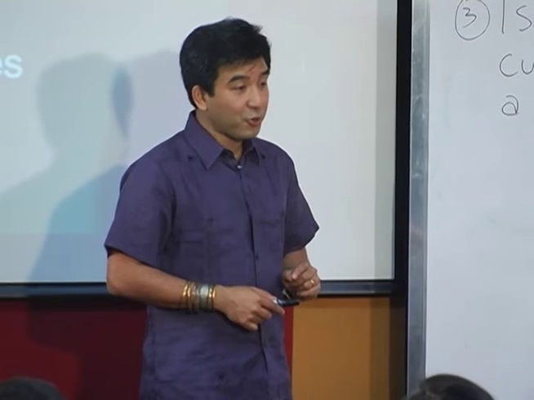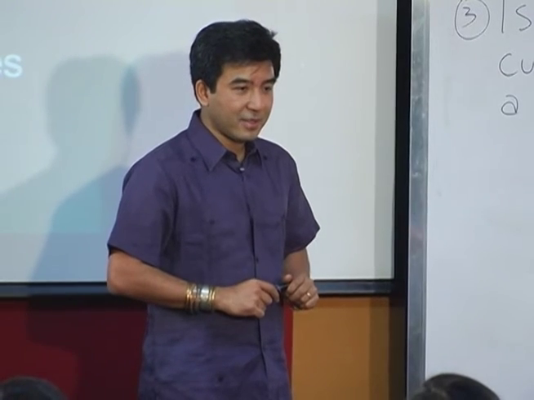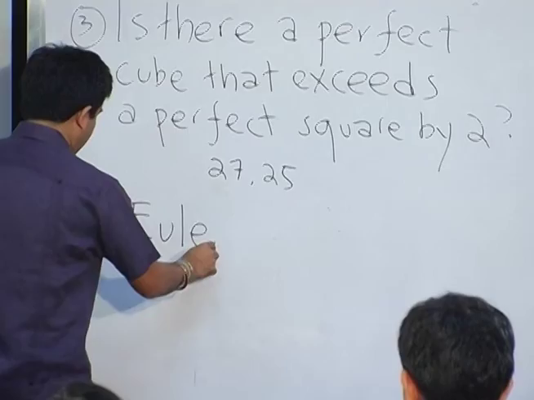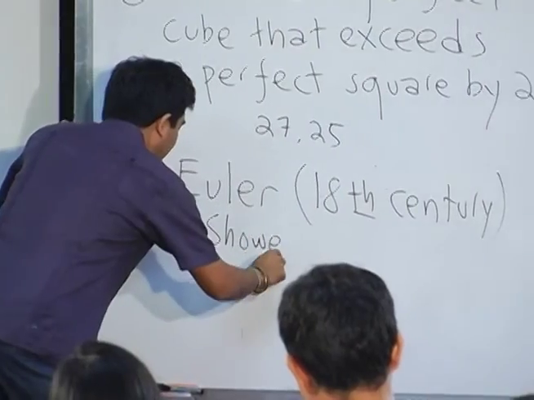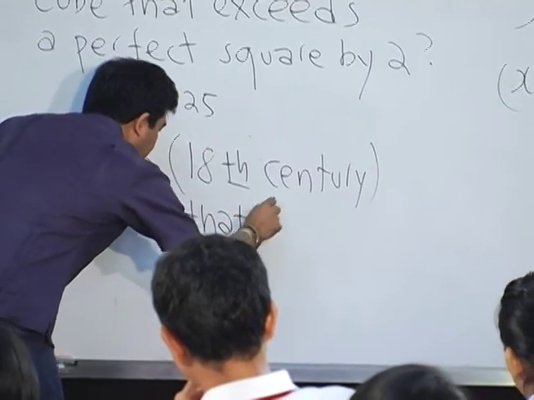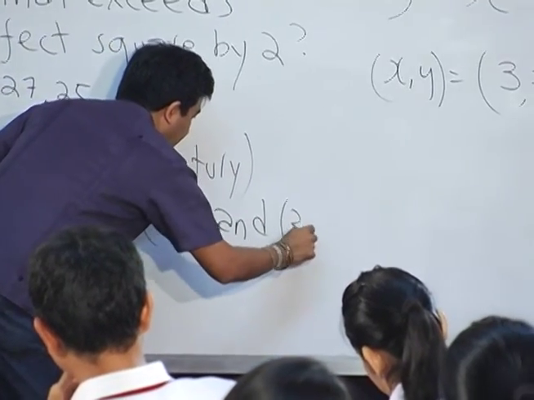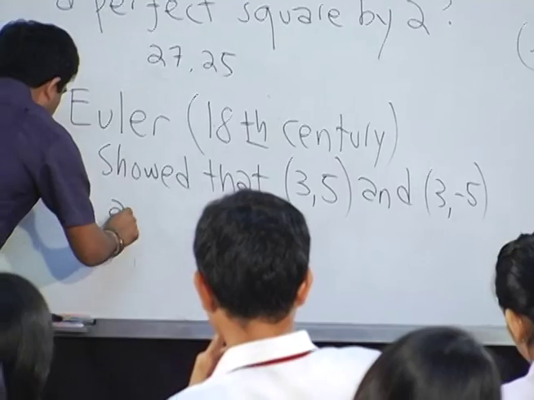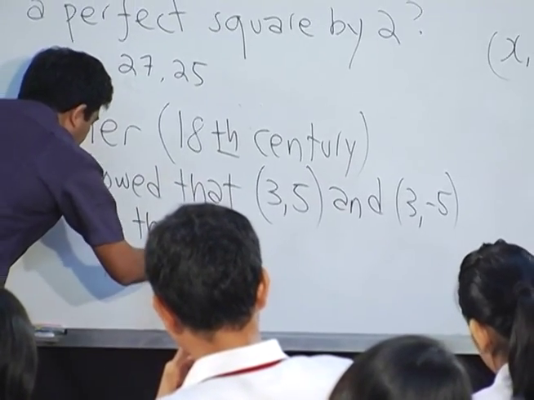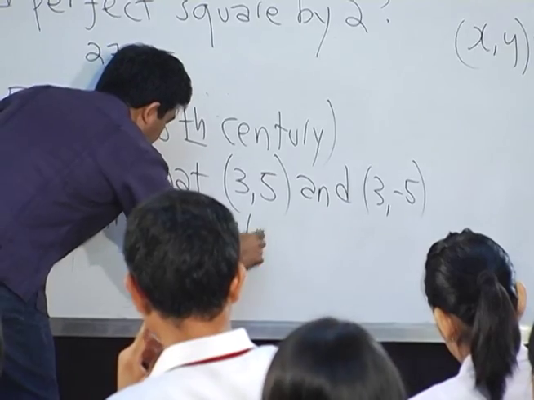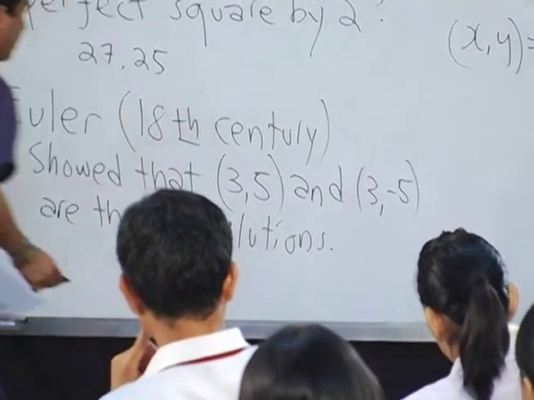This is a very old question, but somewhere in the 18th century, it was shown using imaginary numbers that there are no other solutions. In my third lecture, I will talk about Euler. He showed that 3, 5, and 3, -5 are the only solutions.